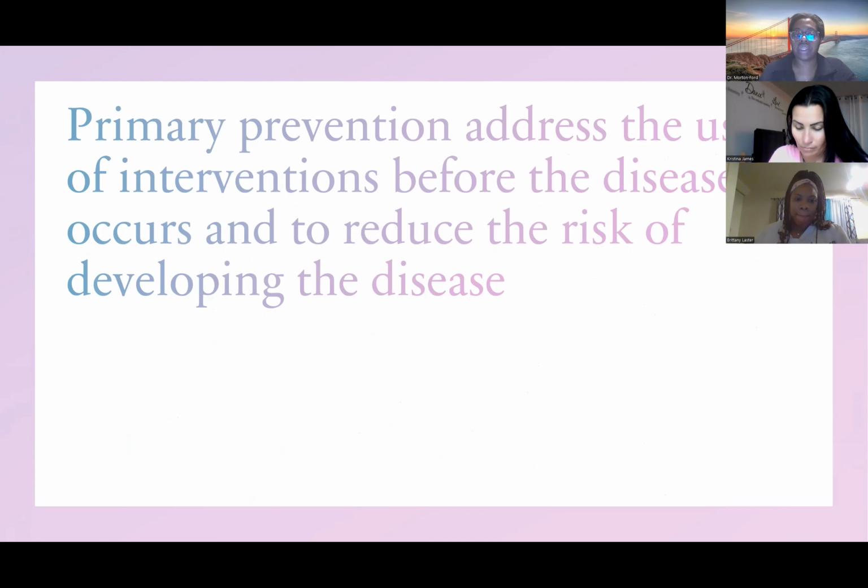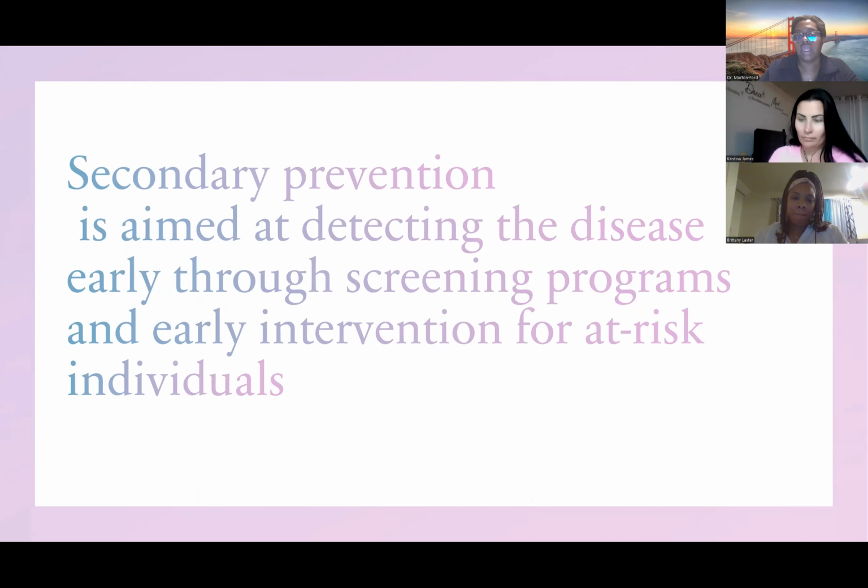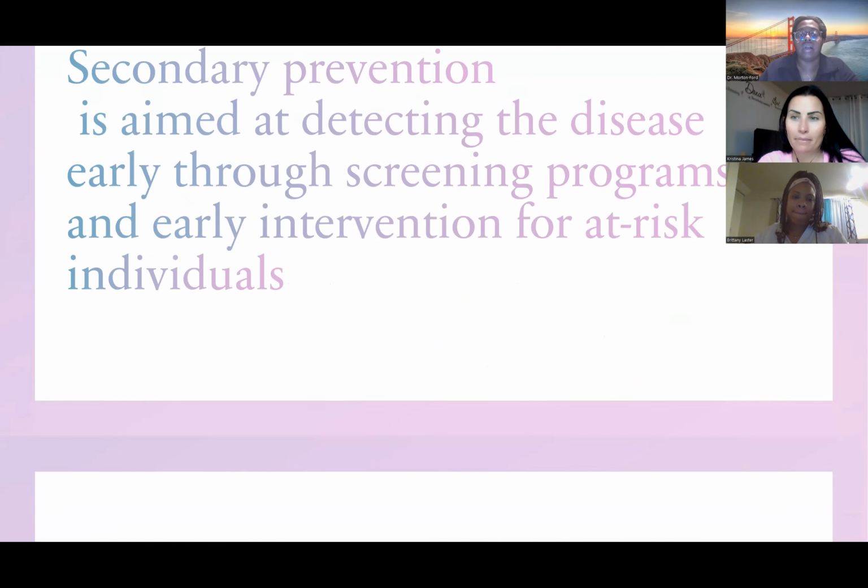Primary prevention addresses the use of interventions before disease or an injury occurs and to reduce the risk of developing the disease or the injury. Secondary prevention is aimed at detecting the disease early through screening programs and early intervention for at-risk individuals. So we can give a survey, we can administer TB skin tests, and so forth.